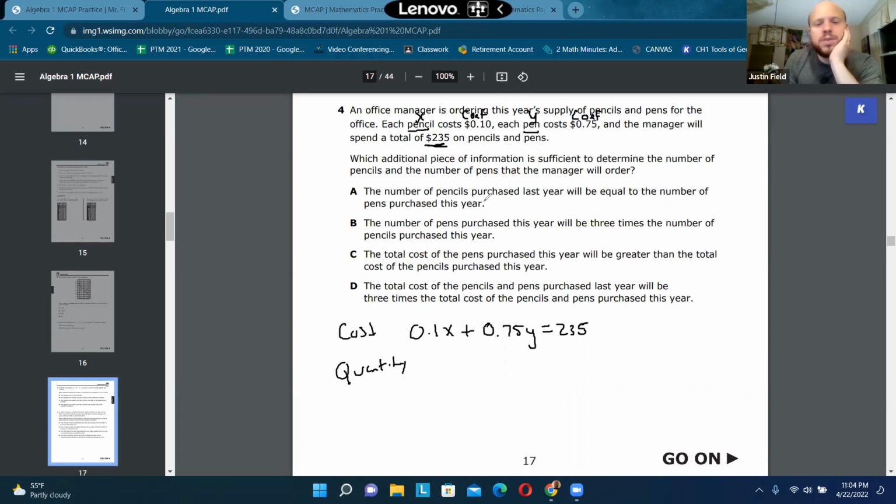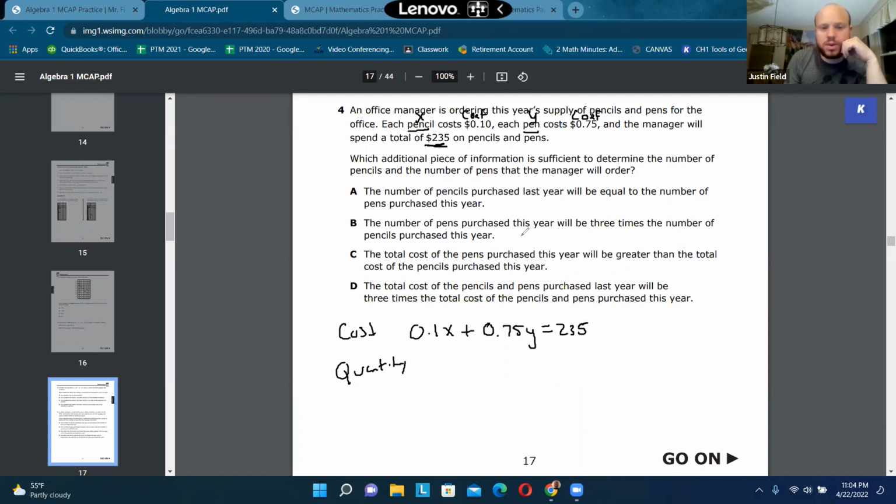So the number of pencils purchased last year will be equal to the number of pens purchased this year. X equals, well, I don't really know if it should both be from this year. The number of pens purchased this year will be 3 times the number.